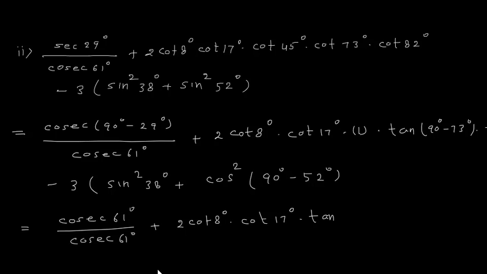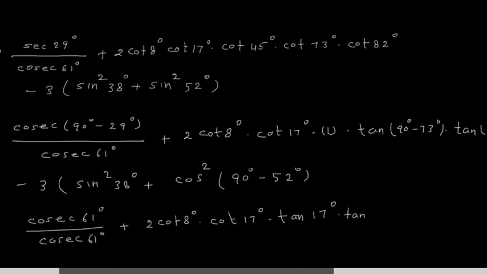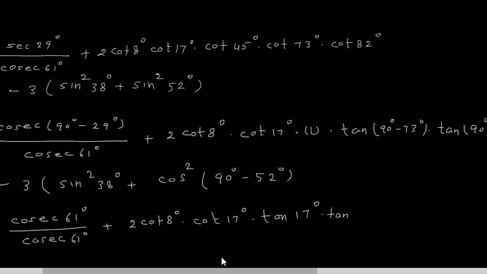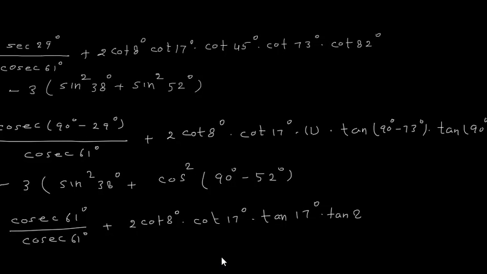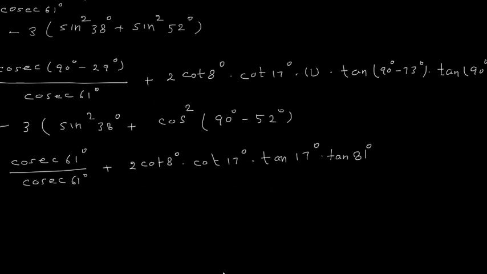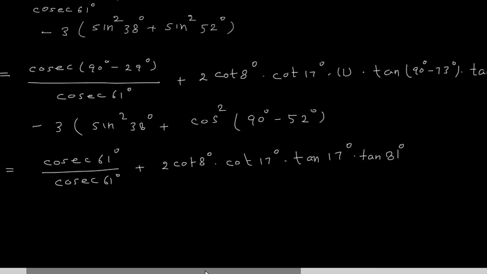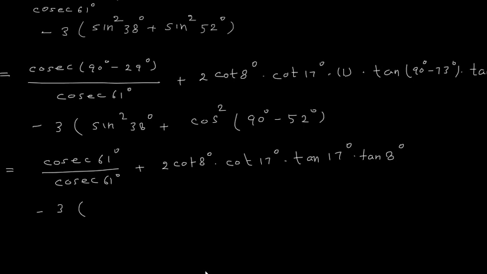Now 90 minus 73 is 17, so tan 17 degree into tan of 90 minus 82. So 90 minus 82 is tan 8 degree, and then we have minus 3 times, in bracket, sine square 38 degree plus cos square 38 degree.